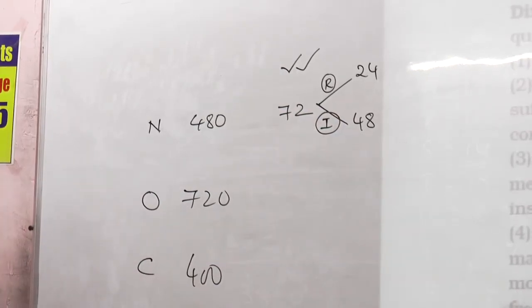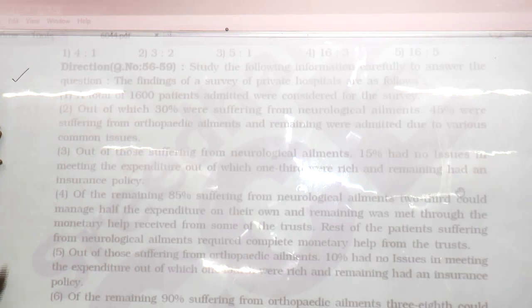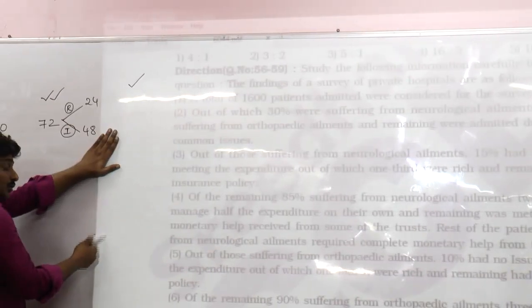Next, of the remaining 85%, remaining 85% in the sense 480 minus 72, 408. Of the remaining 408 suffering from neurological ailments, 2/3 could manage half the expenditure. Half the expenditure. 2/3.